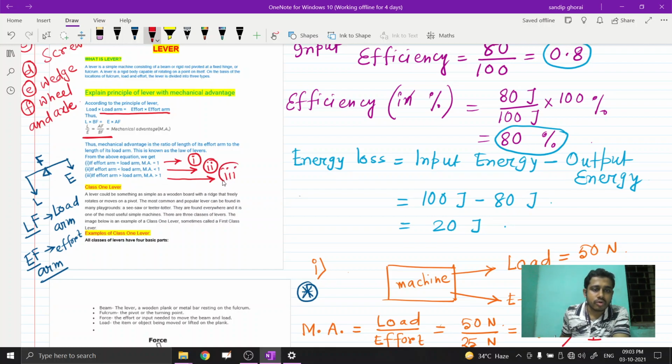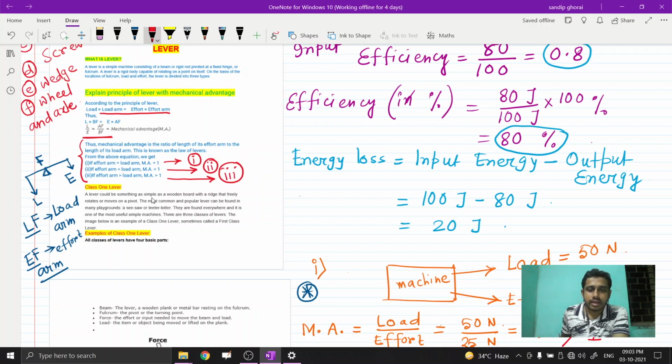So from these three points we can easily define that a lever has several mechanical advantages. Maybe it is equal to 1, maybe less than 1, maybe greater than 1.